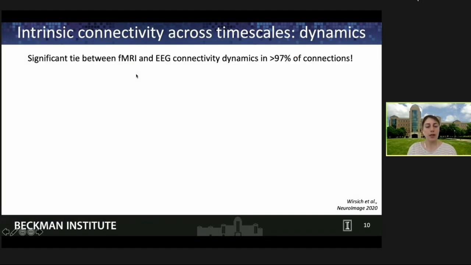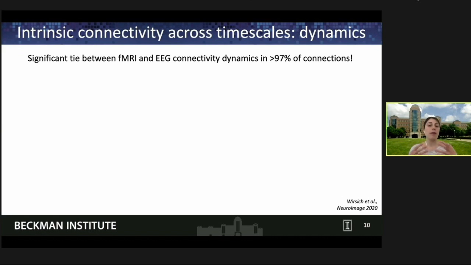What we found was actually really surprising to us, namely that in each of the canonical oscillation frequencies, delta, theta, alpha, beta, gamma, no matter what frequency you're looking at, the EEG and fMRI sliding window connectivity strength is significantly related to each other, with significantly higher mutual information than the null model in almost every connection of our connectivity matrix.